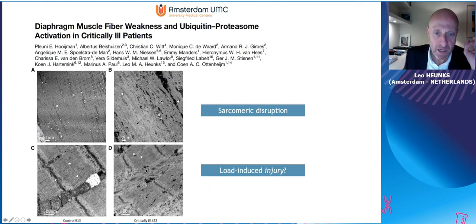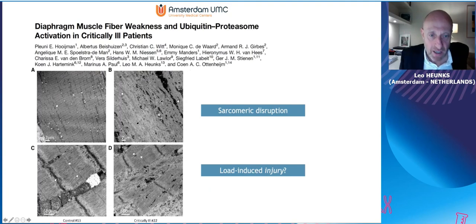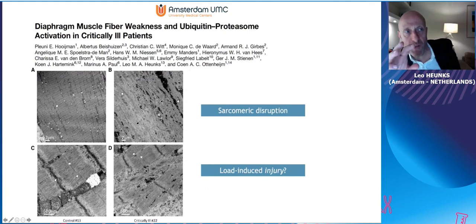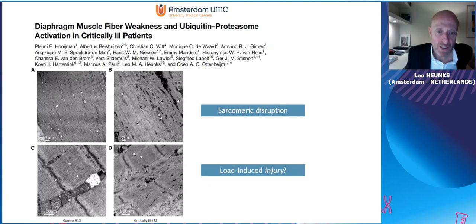But this is a biopsy of a patient on the ventilator, with large areas of injury where the complete striation is lost. This is called sarcomeric disruption, which is not consistent with disuse atrophy, but more with load-induced injury.